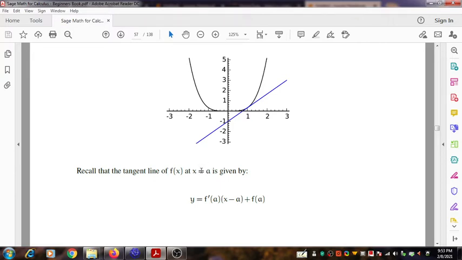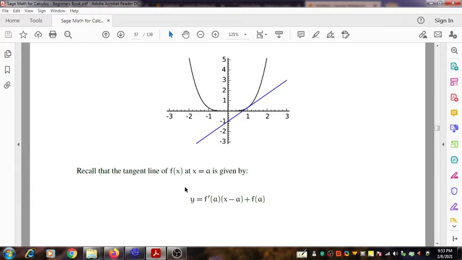Now we evaluate the derivative of f(x) at the specified point x equal to a. That means we find f'(a).